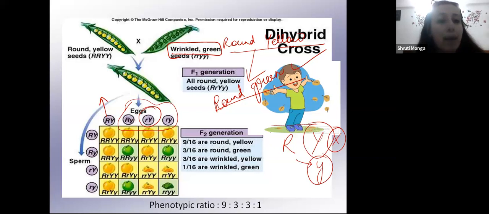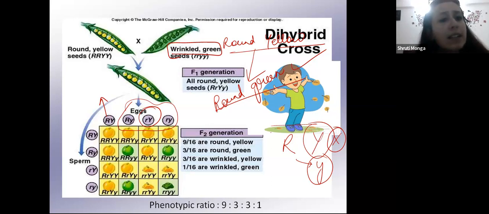That means the gametes are not dependent on each other like in the F1 generation. In the F2 generation, they are independent. That means R is not going to stick with yellow always. It went with green as well. That is why you got to see round green seeds in the F2 generation.